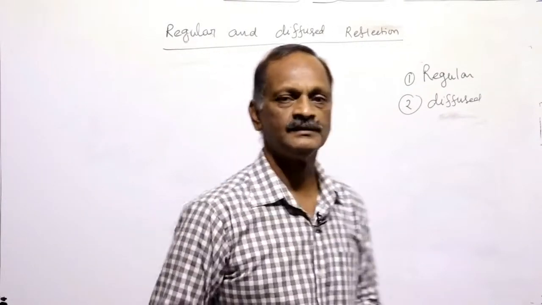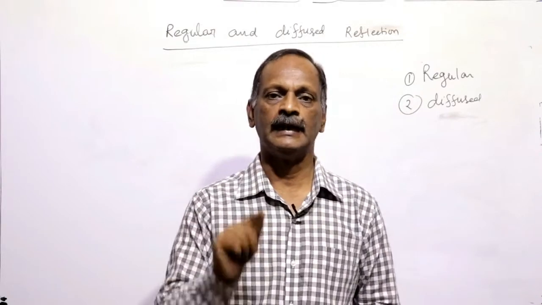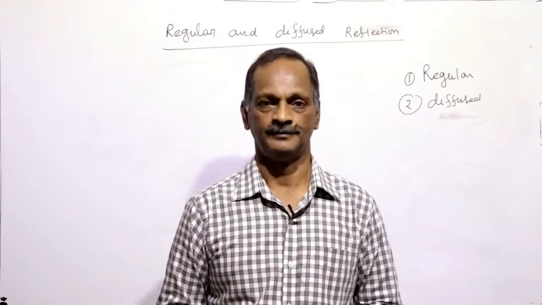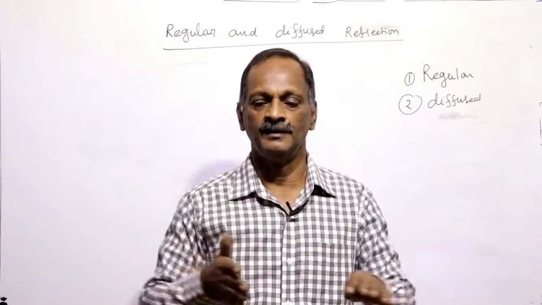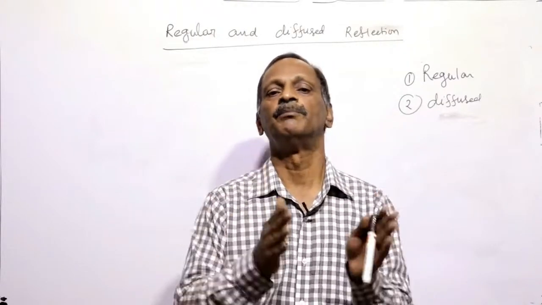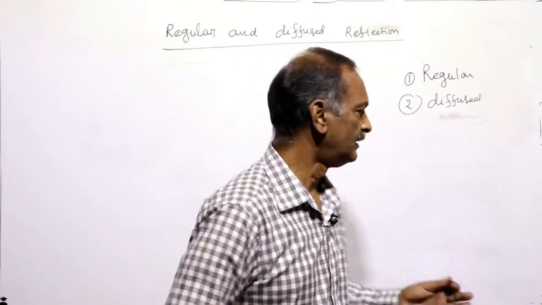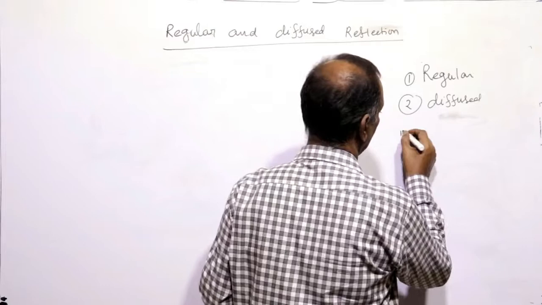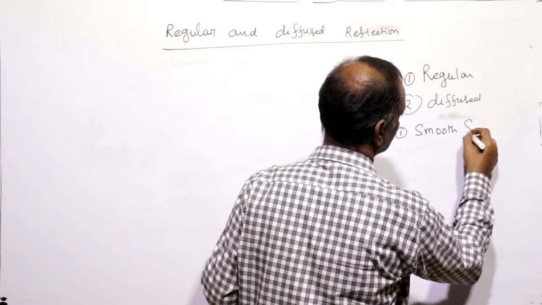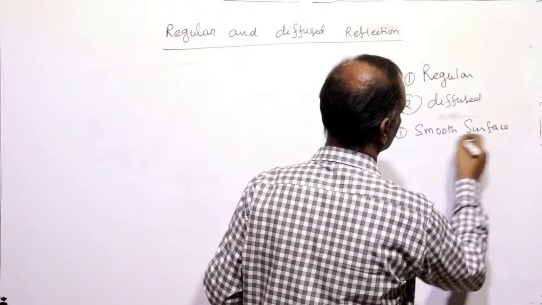Regular reflection means the reflection occurs at a smooth surface, a smooth mirror. The surface is smooth, which means the normals at every point are exactly parallel to each other. So let us see. First, the smooth surface.